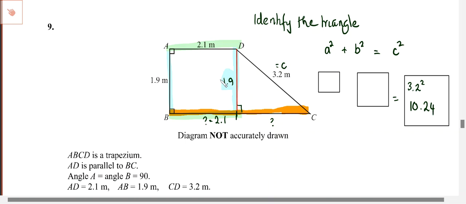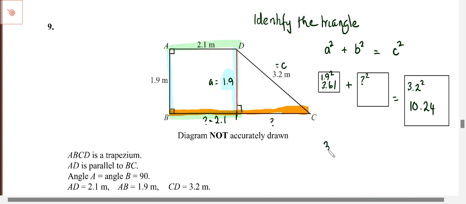Okay. Which one's A and B? You're going with A is 1.9. Okay, so this will be 1.9 squared, which is 3.61. 3.61 plus the question mark. So this is the question mark squared here. So let's do that.